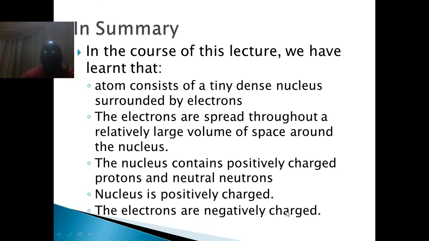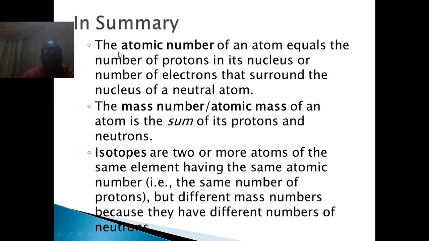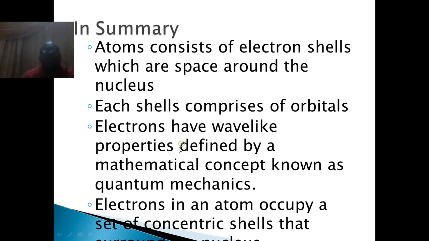Electrons are negatively charged. The atomic number of an atom equals the number of protons in its nucleus or the number of electrons that surround the nucleus of a neutral atom. The mass number or atomic mass of an atom is the sum of its protons and neutrons. Isotopes are 2 or more atoms of the same element having the same atomic number but different mass numbers because of different numbers of neutrons.